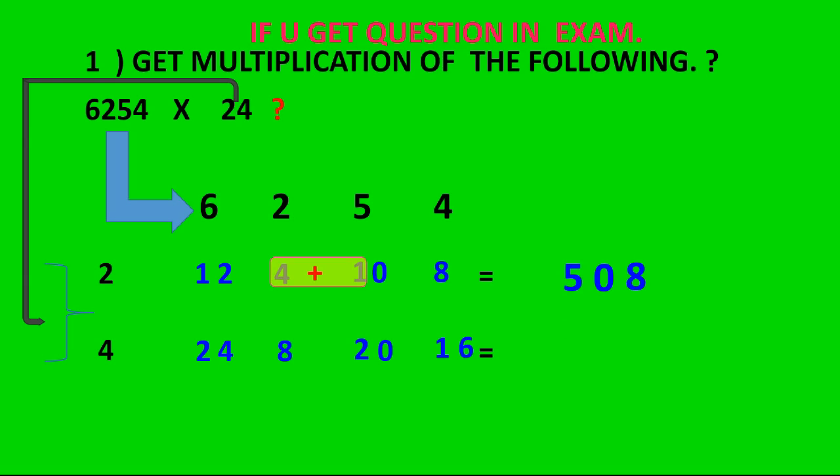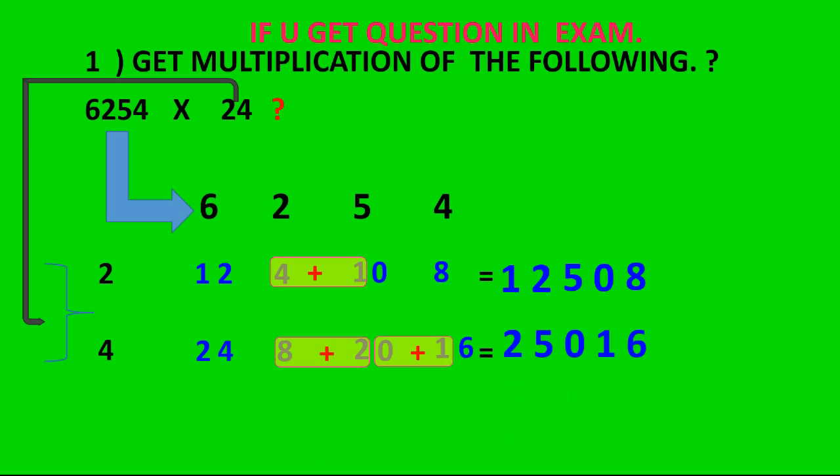In the middle, the two middle numbers, leave the 6 and the 4, and add like this: 4 plus 1 is 5, and 12 as it is you have to write. Now again at the end you have to write 6 as it is.